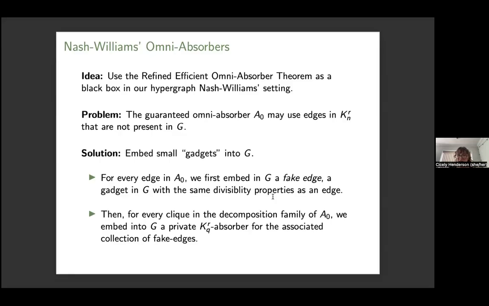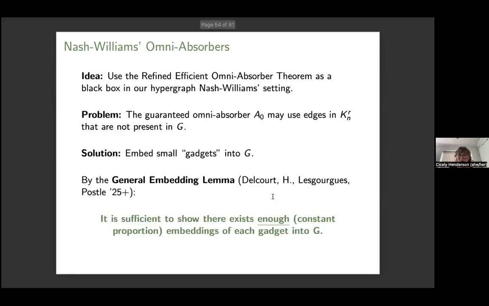Okay, that was a lot of detail, but at a high level, to solve this Nash-Williams omni-absorber problem, it's an embedding problem.